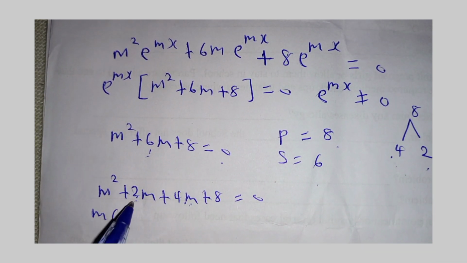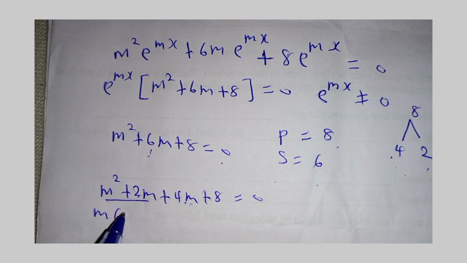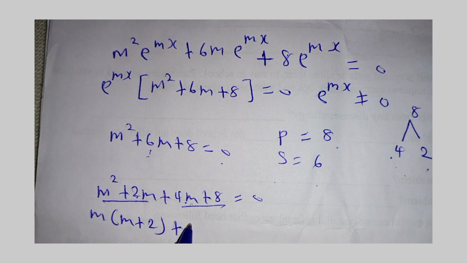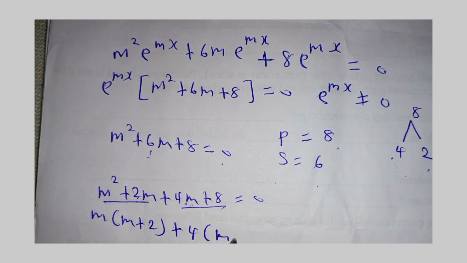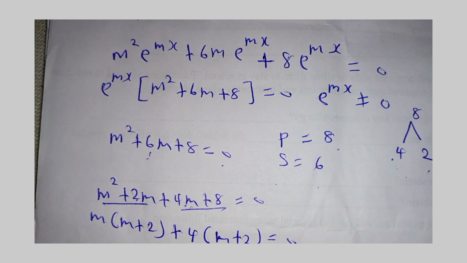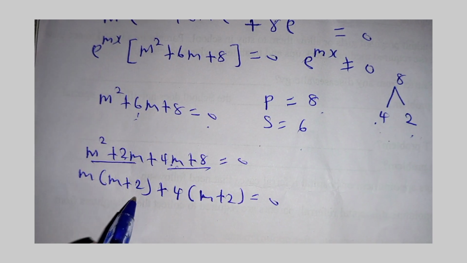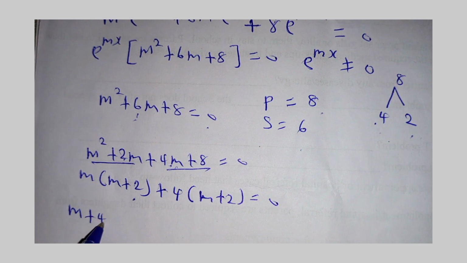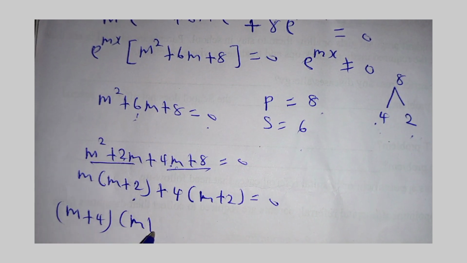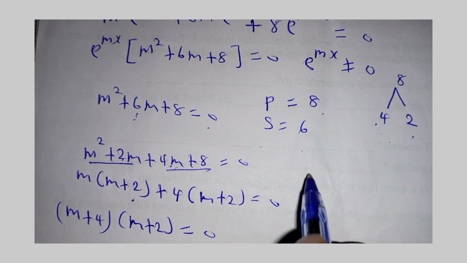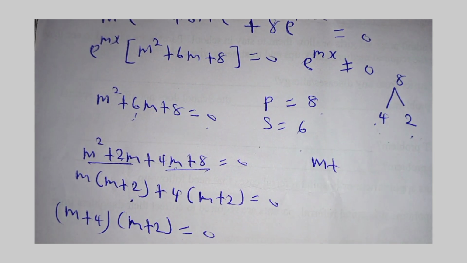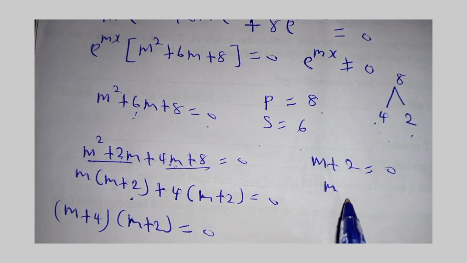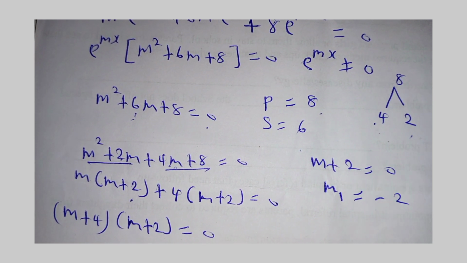So we factor m in the first two terms to be left with m plus 2. We factor 4 in the other two terms to be left with m plus 2. This gives you 0. Now, we can factor out m plus 2, so you have m plus 4, m plus 2 equal to 0. That means m plus 2 is equal to 0, which tells you that m1 is -2.